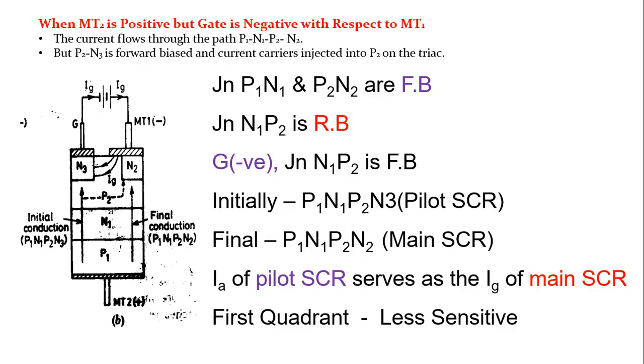If the conduction is started in these layers, that is P1, N1, P2, N3, two regions are formed. First one is the left side region of P2 and the right side region of P2. The left side region is connected to MT2, that is positive, so it has a positive potential, and the right side region of P2 is connected to MT1, that is negative.